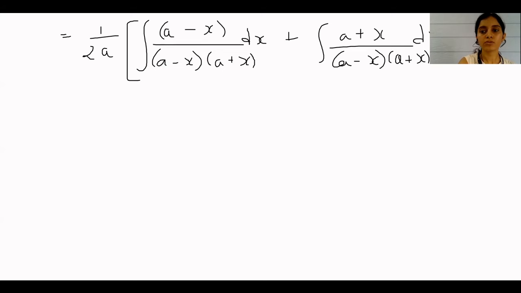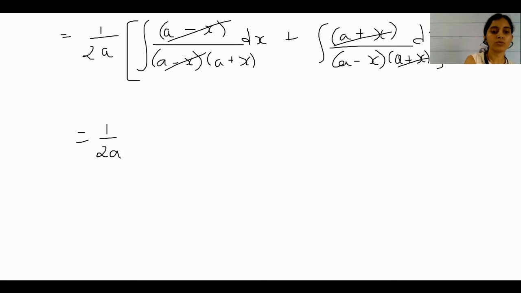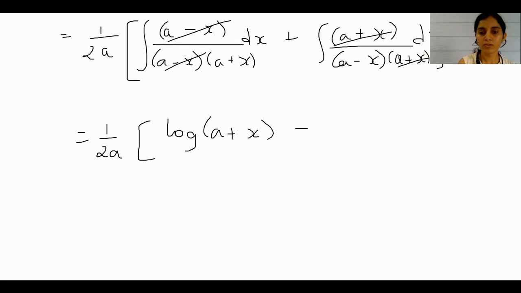So we'll have a plus x cancelling out here, a minus x cancelling out here, and 1 upon 2a, log of a plus x plus log of a minus x dx.